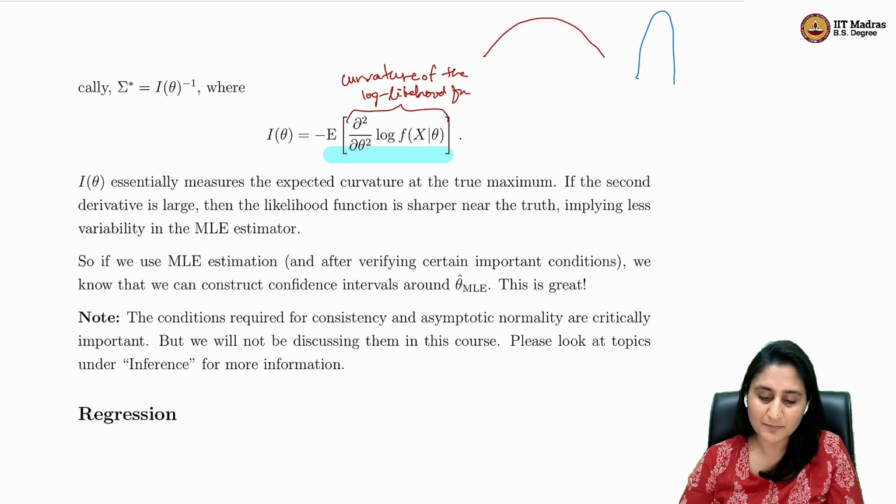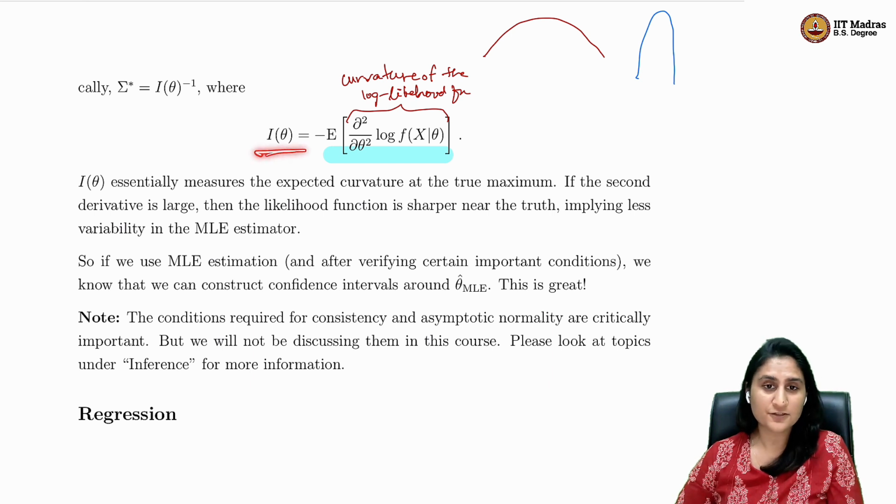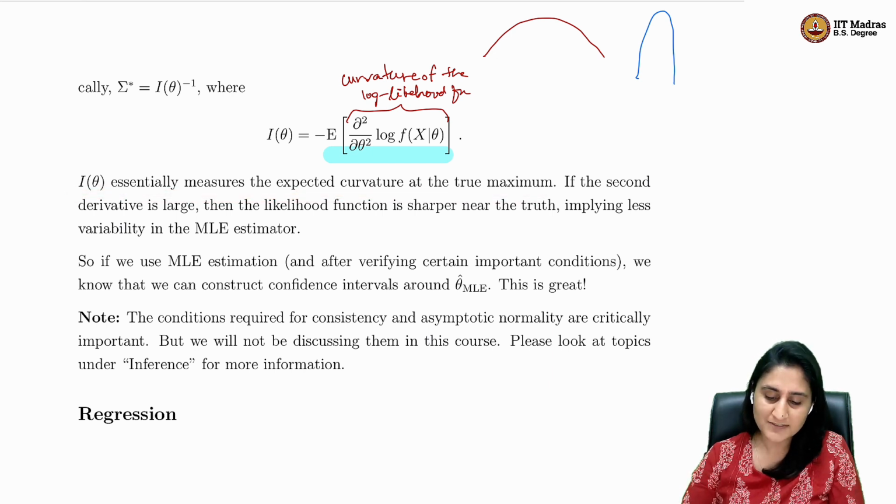Then you average them and you get one curve. So that's the expected log likelihood. Now, I theta, this Fisher information, essentially measures the expected curvature at the true maximum. So what is the expected curvature at this point?